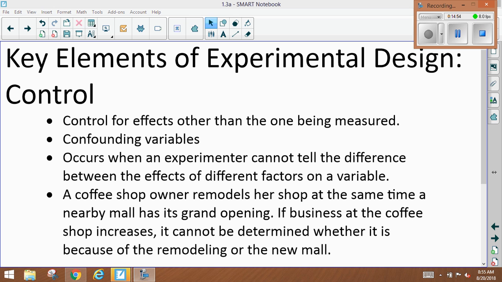So just like what I was saying, right? We want to control for effects other than the one being measured, right?